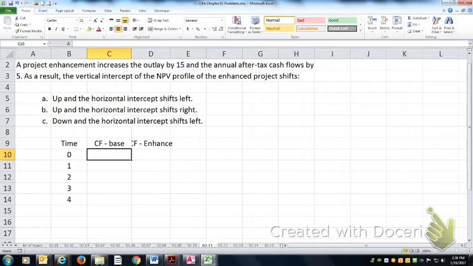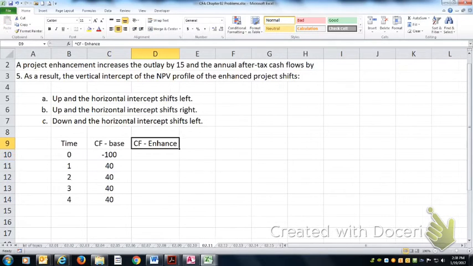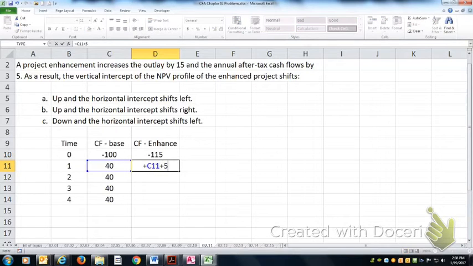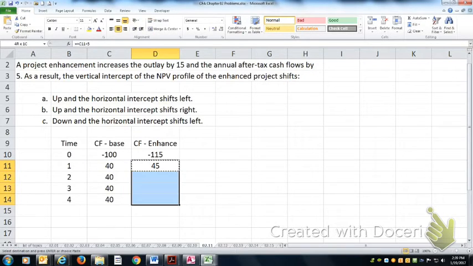The base case, $100 out, $40 back in each year for 4 years. The enhanced case is $115 out, but you're going to get $45 back instead. So you spend an extra 15 and get back a grand total of 20.